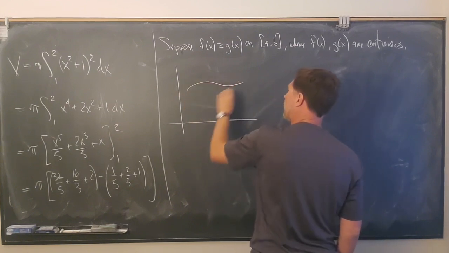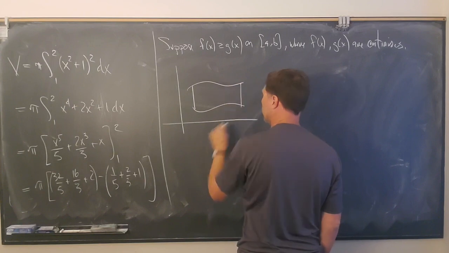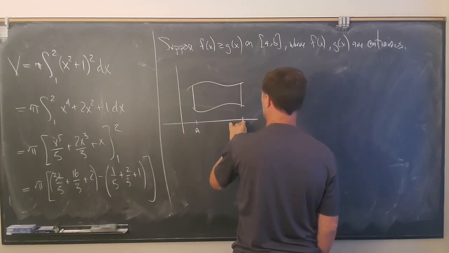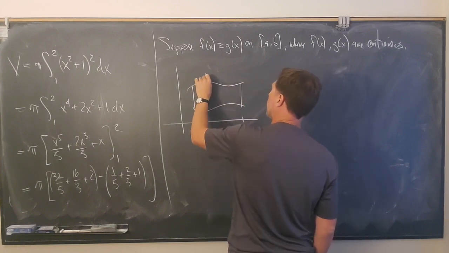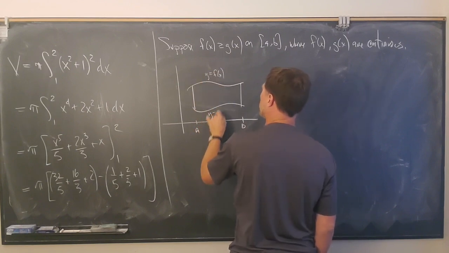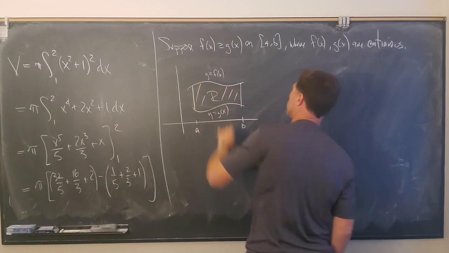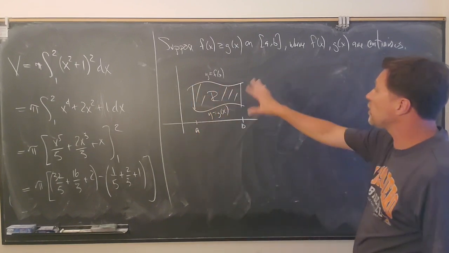So our picture now looks something like this. There's y equals f of x. Here's y equals g of x. Now, what I'd like to do is look at the region in between here.